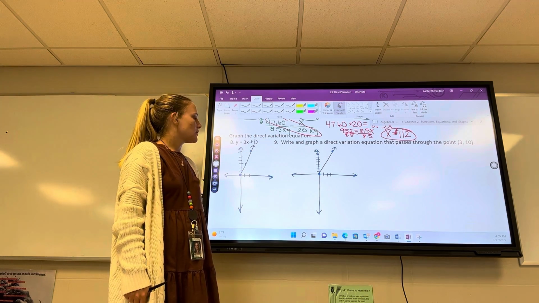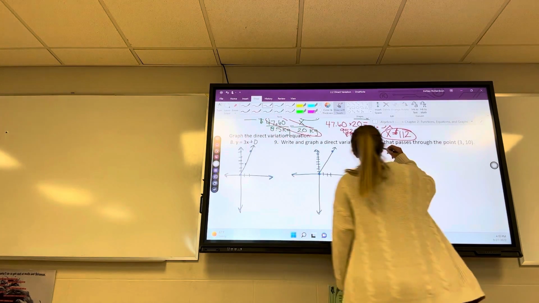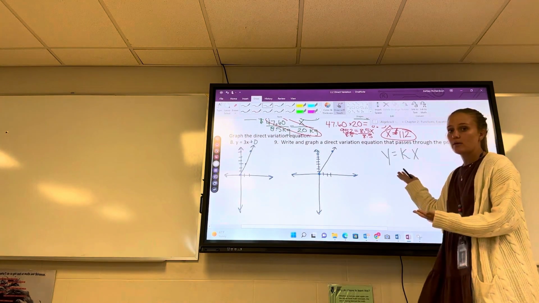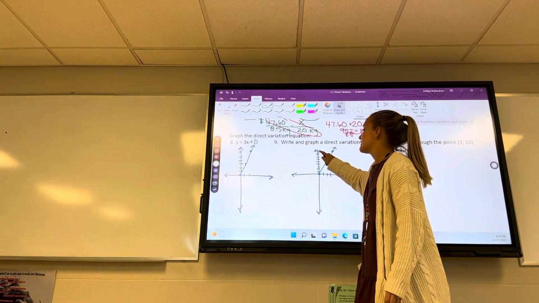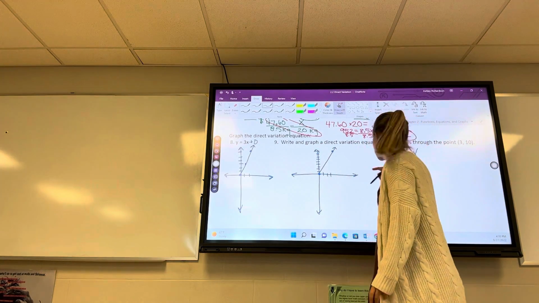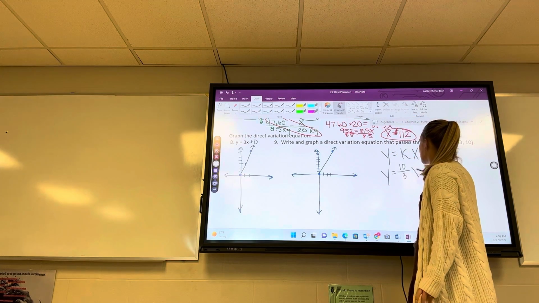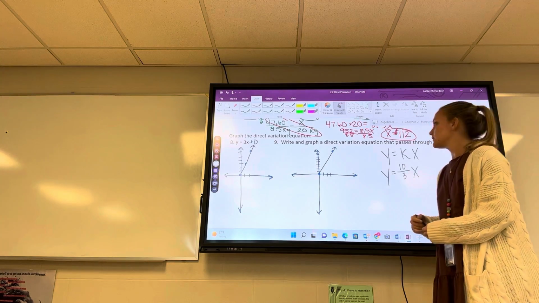If I want to figure out my equation, I just need to figure out my slope. So y equals kx, k is my slope. So I go up 1, 2, 3, 4, 5, 6, 7, 8, 9, 10, and over 3. So y equals 10 over 3x. Or you can think of it as it's always y over x for your direct variation.